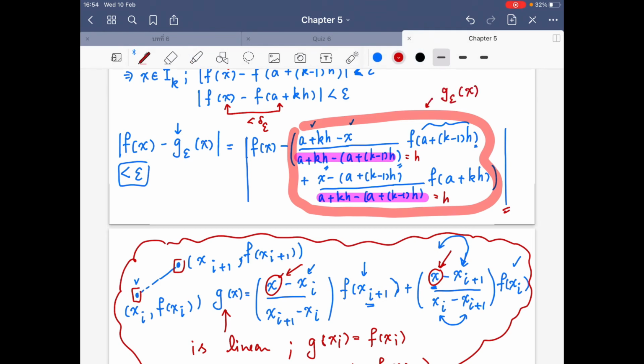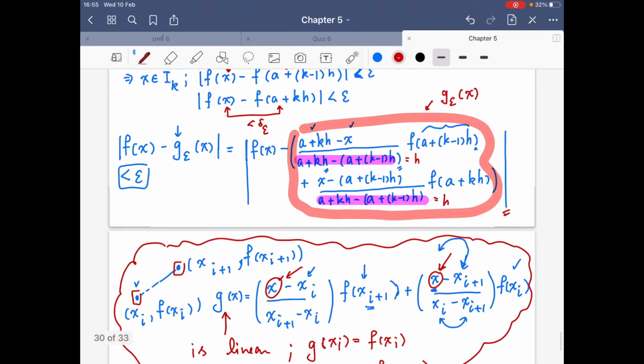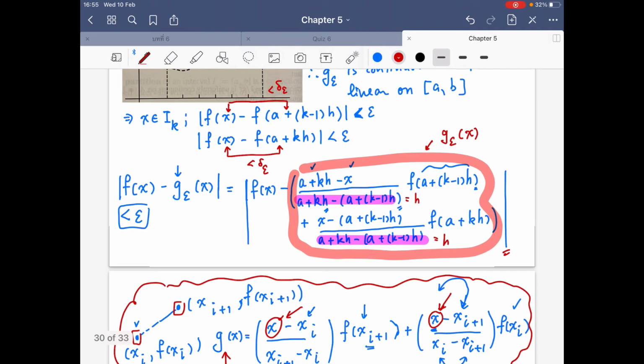Okay, so if we do a direct subtraction, even though we have this kind of idea that hey, f of x minus f at the left end and f of x minus f at the right end should be less than epsilon, okay. However, this one we got only one f, but it seems that in this setting you need two of the f of x.